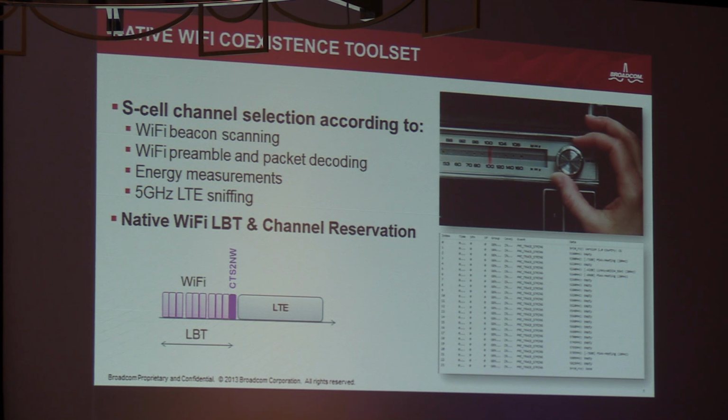Then, once we decide to start transmitting LTE data, we transmit a CTS message to reserve the channel for the time that we'll be using the channel. And Wi-Fi access points that are coexisting in the same channel actually see our small cell as a Wi-Fi access point because we're using the same language as Wi-Fi does. And this cycle goes on and on.